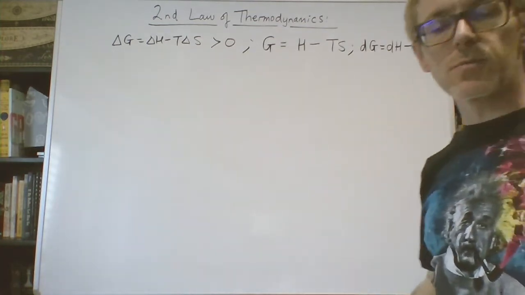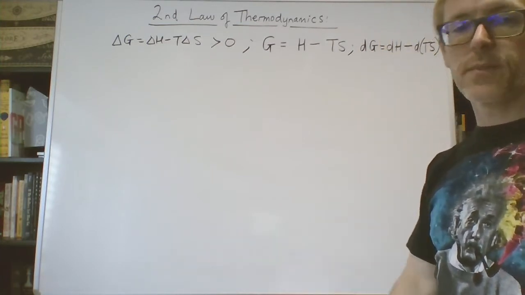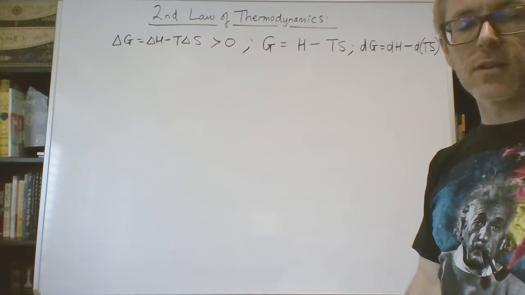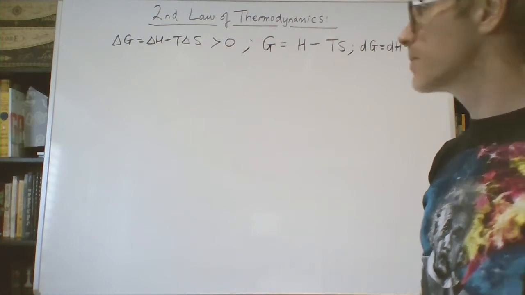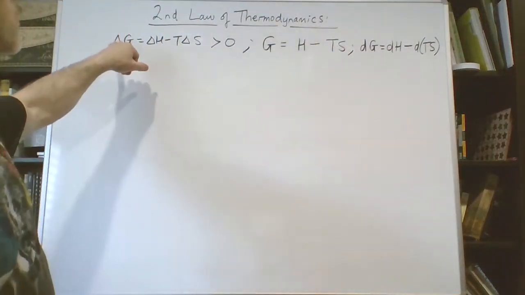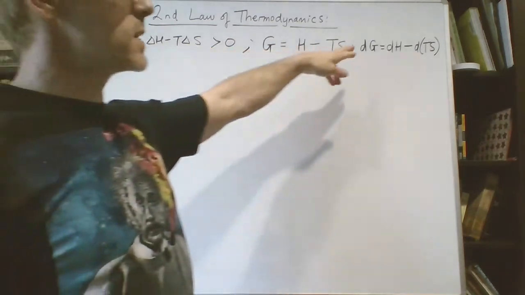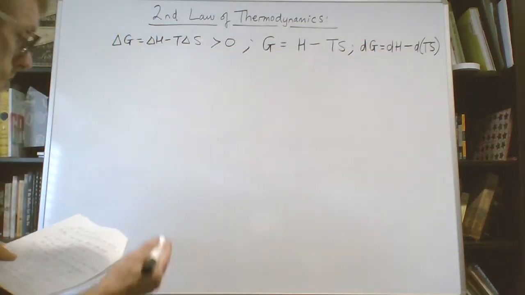So here d means differential, but we'll see that differential here just means difference. We've essentially replaced this average change with an infinitesimal change because we're interested in the infinitesimal change.